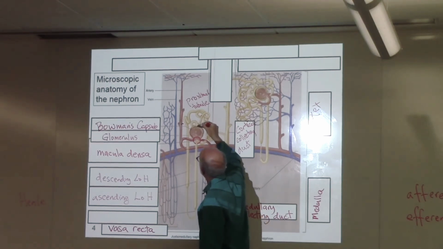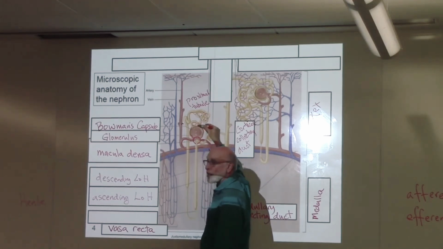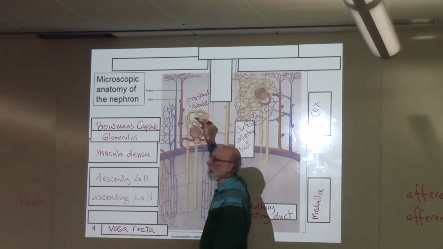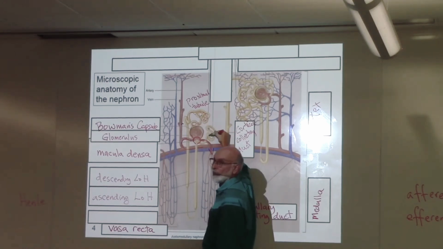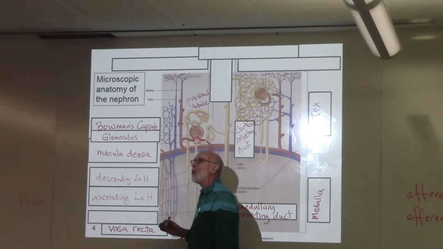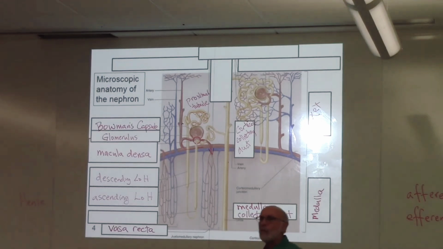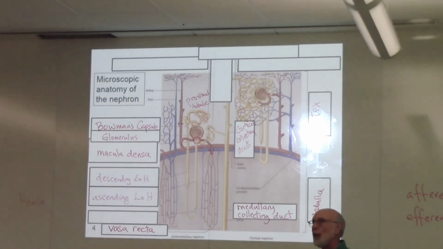Right there is the beginning of the proximal tubule. So the proximal tubule comes out of the glomerulus. If this is the proximal tubule, what is this? The distal tubule. Again, your book makes a point of distal convoluted versus distal straight. Don't worry about convolutions. I won't take your points off, but proximal and distal are an important distinction.